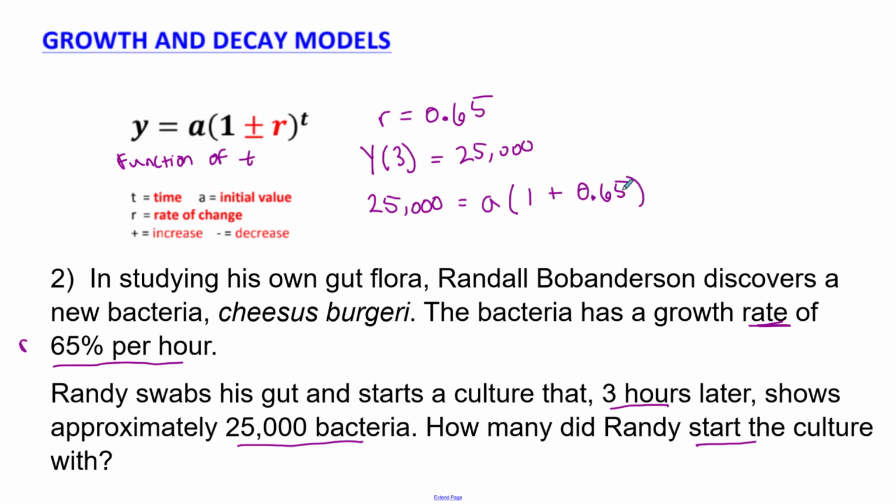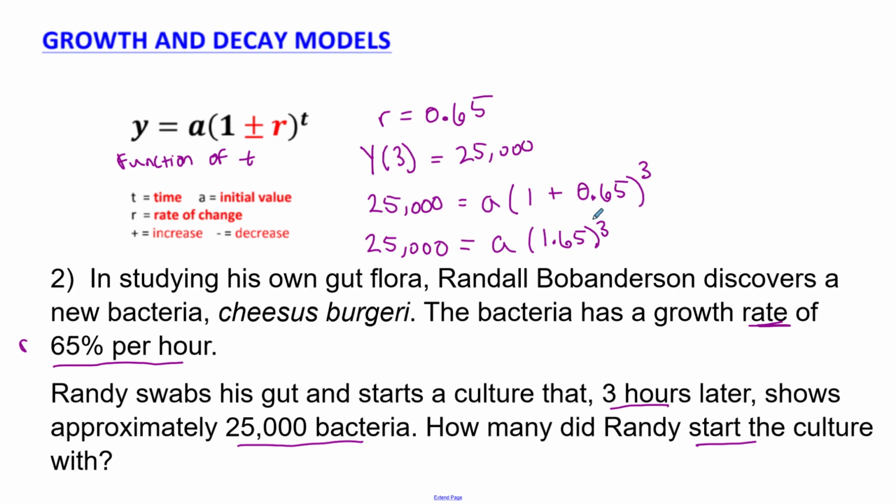Okay, I'm plugging in my R, and I know my t is 3. Okay, so what I'm going to do here is I want to solve for A, right? So let's try to simplify a little bit. So 1 plus 0.65, so that's just 1.65 cubed. Okay. In order to get A by itself, this 1.65 cubed, that's going to be some number, right?